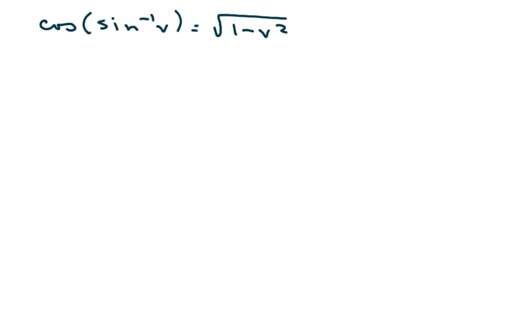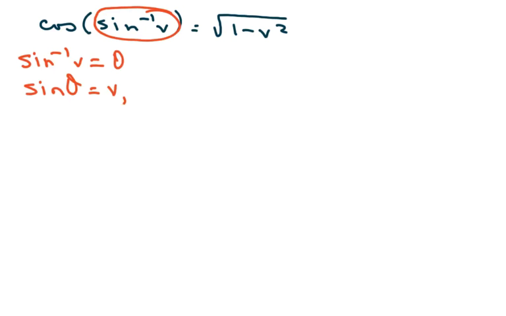Okay, and the next one, same thing. I'm going to let this be my angle. So the sine of my angle equals v, where the restrictions are in the first and fourth quadrant.